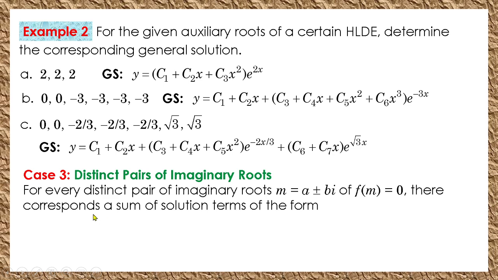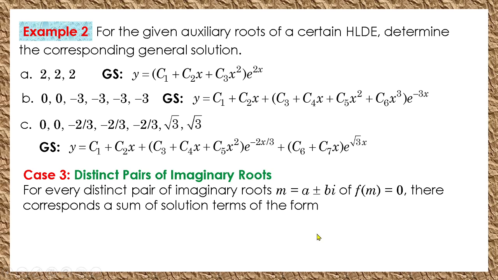Yan. So for every distinct pair of imaginary roots of the form m equals a plus or minus bi that you can get out of f of m equal to 0, there corresponds a sum of solution terms of the form. Diba, binigay ko na yung form dati from the sa yung idea natin.